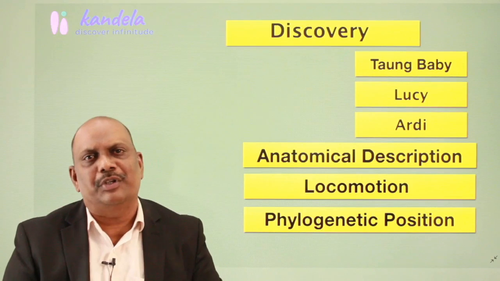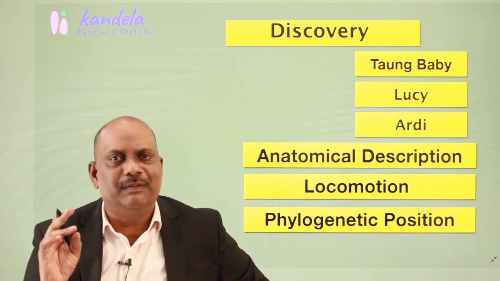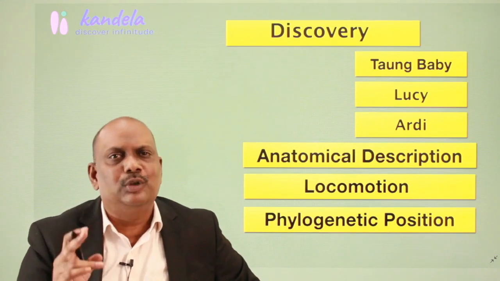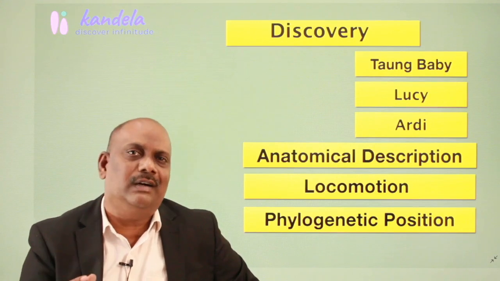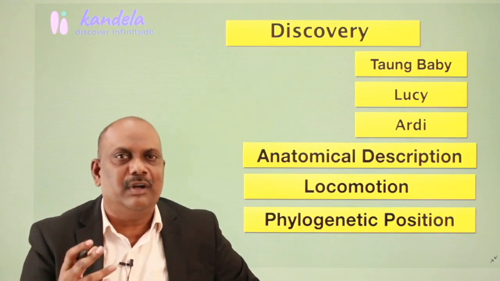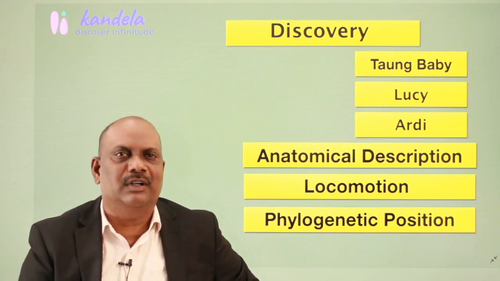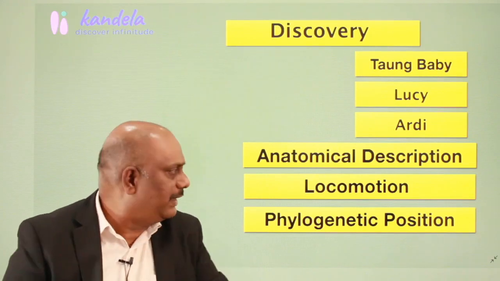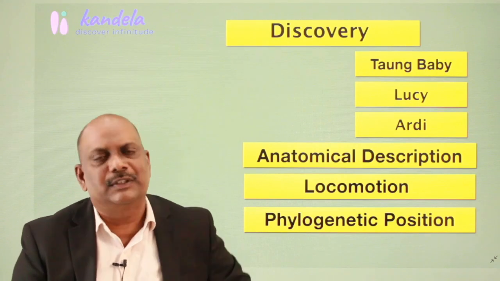Then the locomotion. As I told you earlier, Australopithecus were bipedal, they were terrestrial. But though they were bipedal, the way in which they walked on the earth was slightly different from the way in which we human beings walk. We call it a jog-trot-like walk. So what is that type of locomotion? And then finally, the phylogenetic position of Australopithecus.